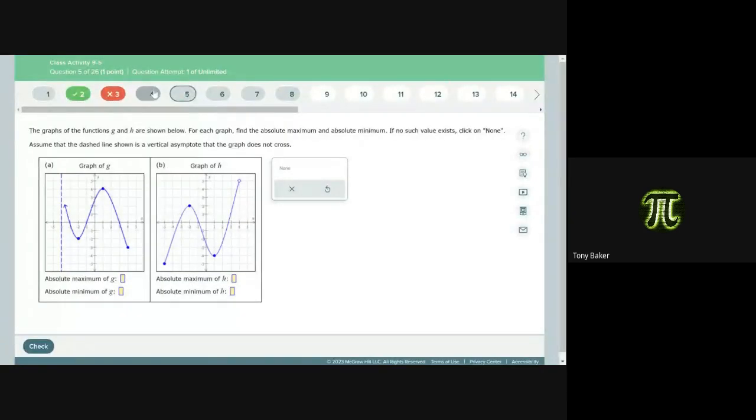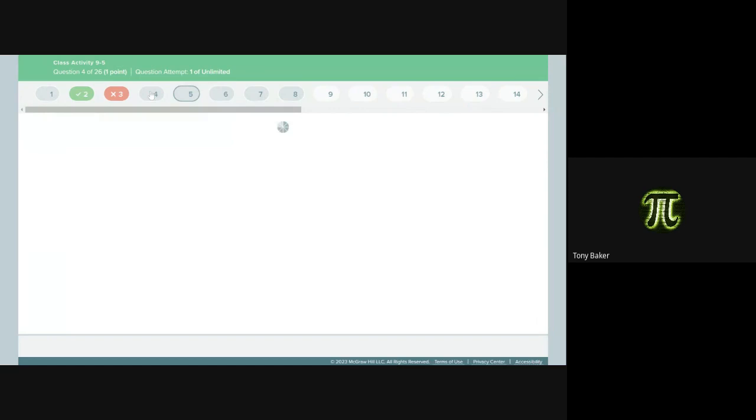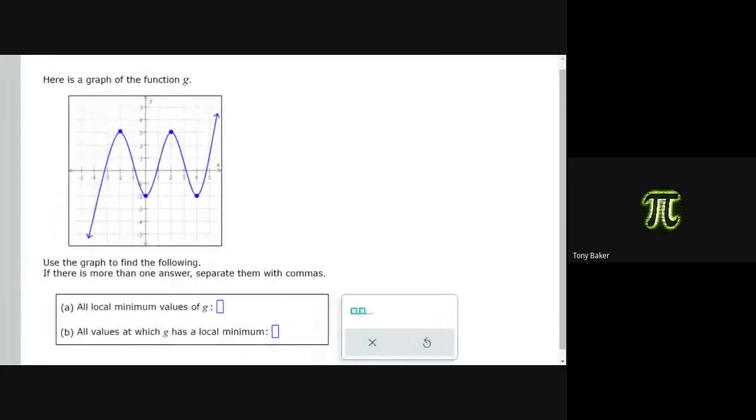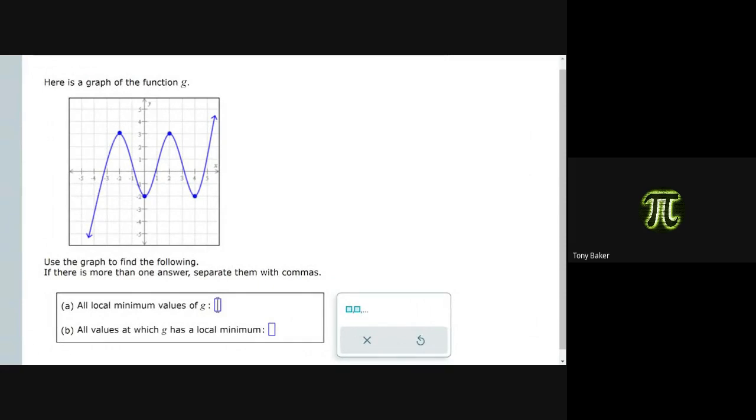All right. Let's talk about mins and maxes. So we have two different types of mins and maxes.